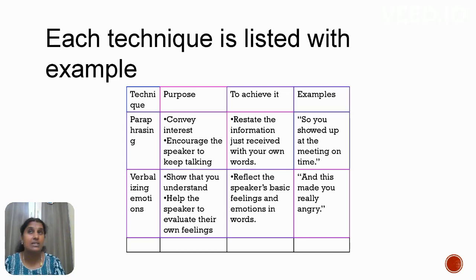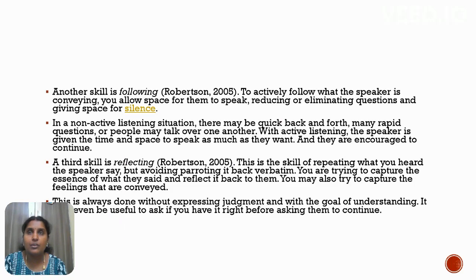It is otherwise called empathy. An example: "This made you really angry." Here we are talking about emotions. It reflects the speaker's basic feelings, and converts the words into emotions. So these are the main techniques. Robertson has been explaining more about these active listening techniques.